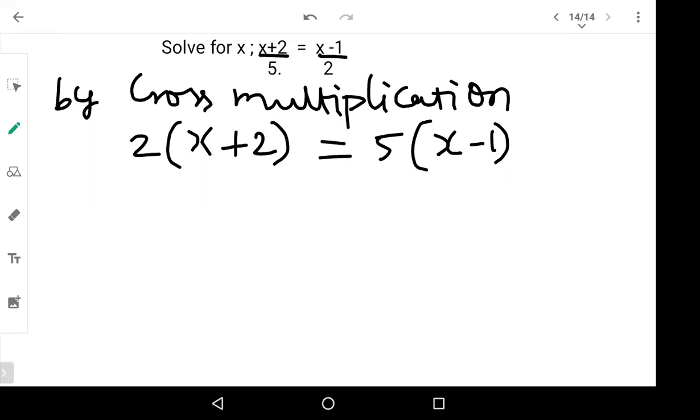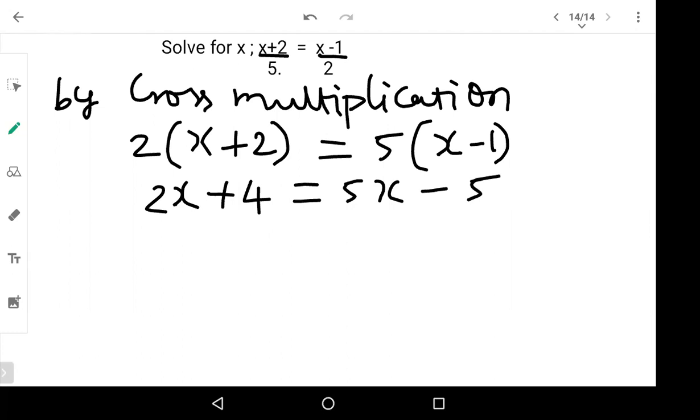Now help me solve the problem. Okay, so 5 into x minus 1. Now let us multiply this. 2 into x is 2x. 2 into plus 2 is plus 4 is equal to, now here also let us multiply. 5 into x is 5x and then 5 into minus 1 is minus 5.